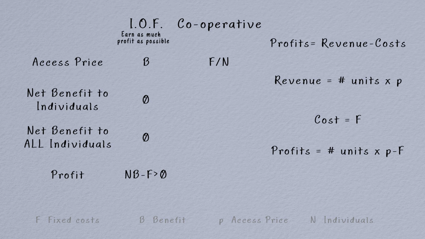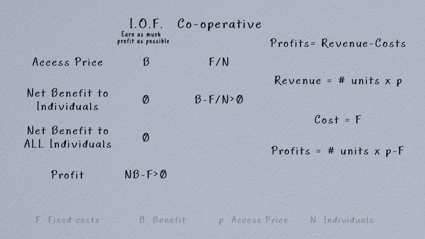And dividing that cost across all individuals makes sense because in this world all our individuals are identical, and so splitting the costs evenly certainly makes sense. The net benefit in this case to an individual then would be B minus F over N. And that expression, as we will soon see, is in fact greater than 0. And that follows from the fact that N times B minus F is greater than 0.